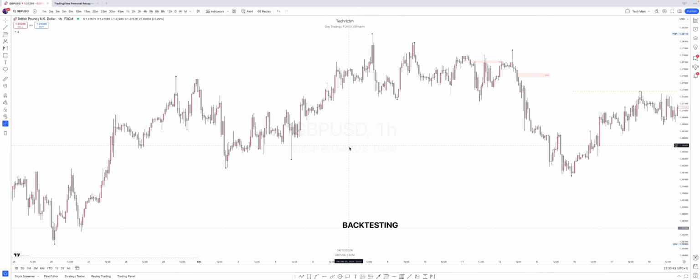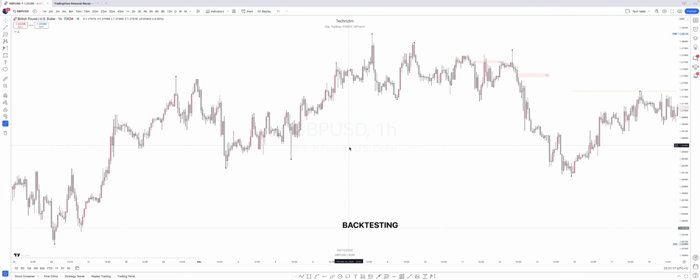And why do we even do this? Why do we actually evaluate a trading strategy using historical price data? We do this because we want to determine the effectiveness of the strategy before we actually apply it to real life. Many traders make the mistake of, when they come across something new, wanting to start executing with it, and there's not enough backtesting data that backs up the reliability of that strategy.